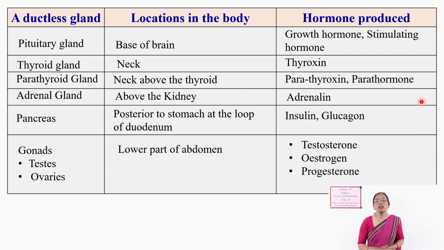These are present in the lower part of the abdomen. The testis secretes testosterone, whereas ovaries secrete estrogen and progesterone. These are the different hormones secreted by the different endocrine glands present in our body. All these endocrine glands form the endocrine system.